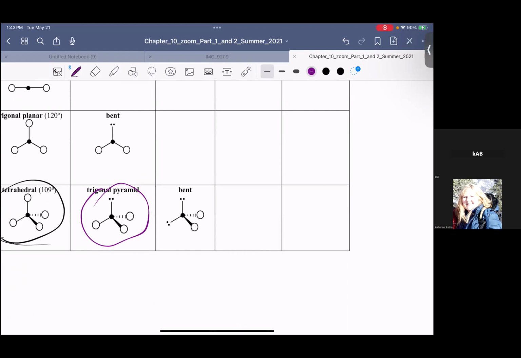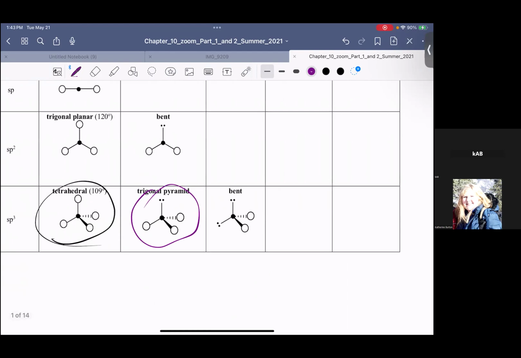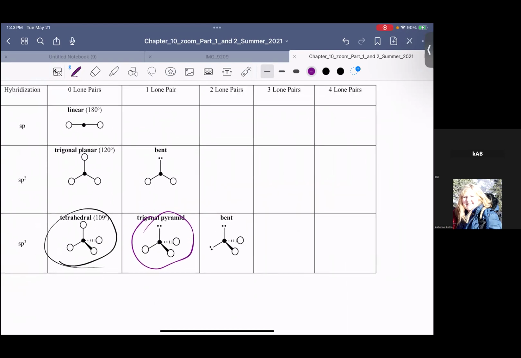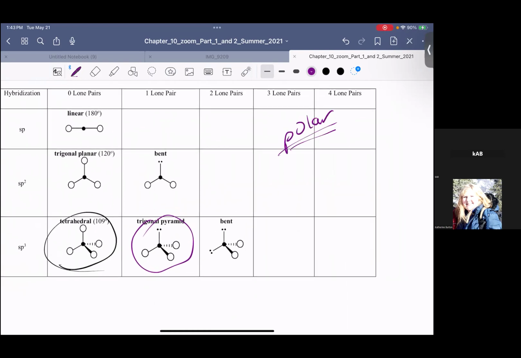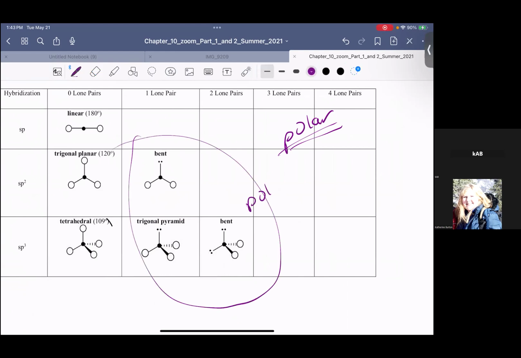And the key on this is that we're going into something that becomes polar. So we need to understand what is going to be polar. What is going to be polar is any of our structures here that have lone pairs. These are polar always. Anytime you have a lone pair, it is going to give you polarity, end of discussion. The other time we're going to have polarity is if we have two different elements attached to our central atom.